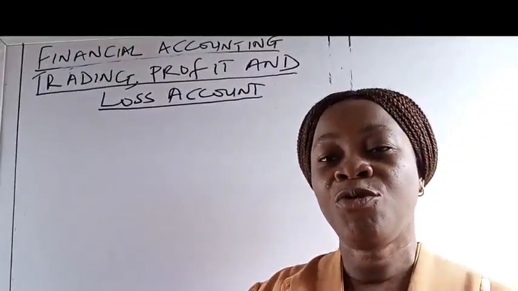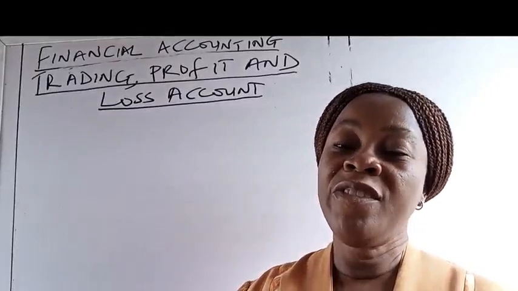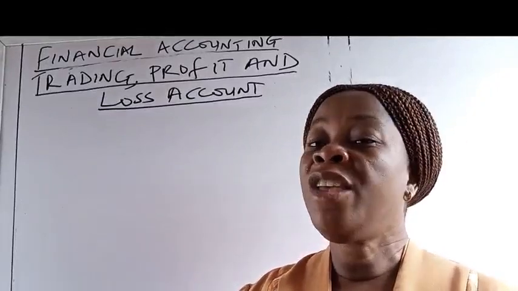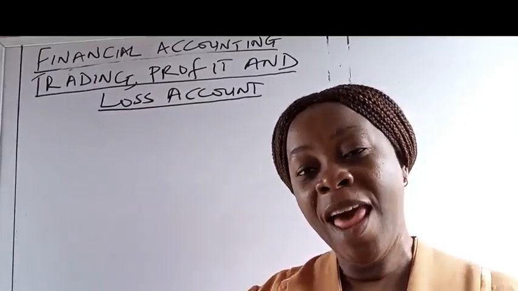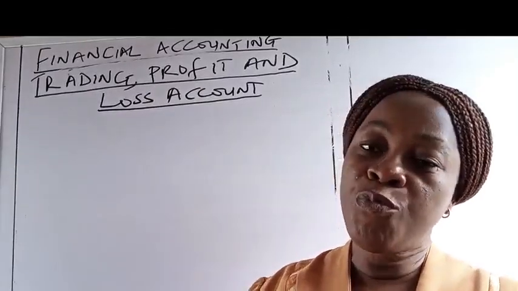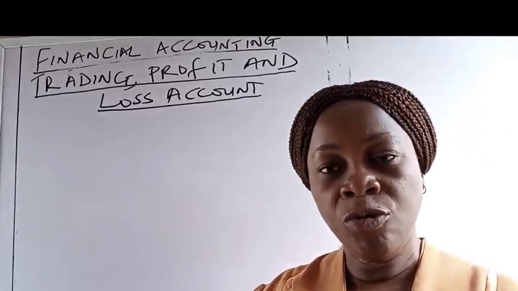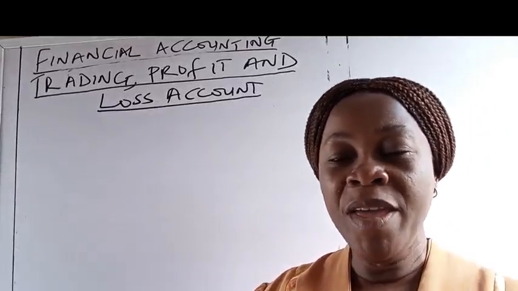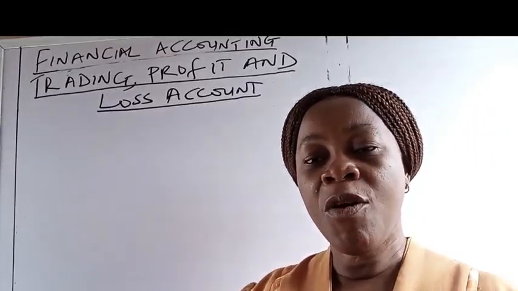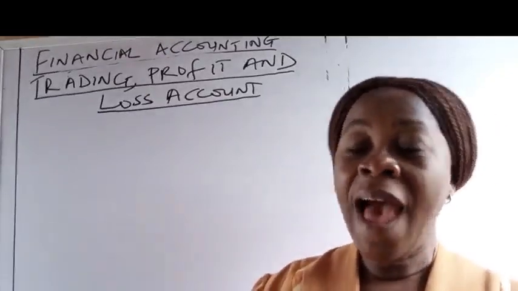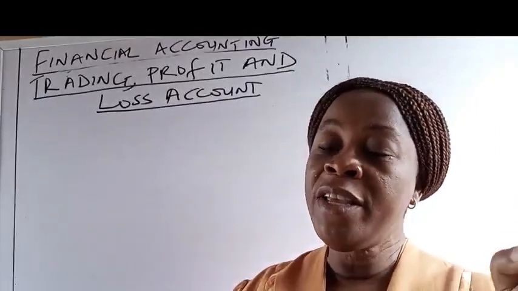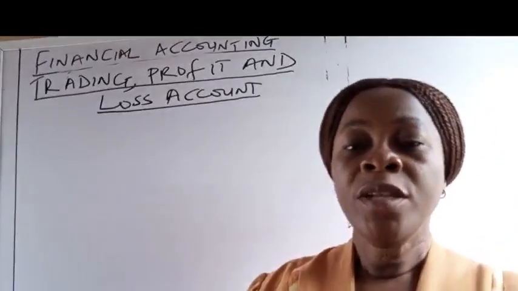Trading account is prepared by a trader because it is the profit realized from the goods bought and sold that is determined in the trading account. So it is used to determine either the gross profit or the gross loss.